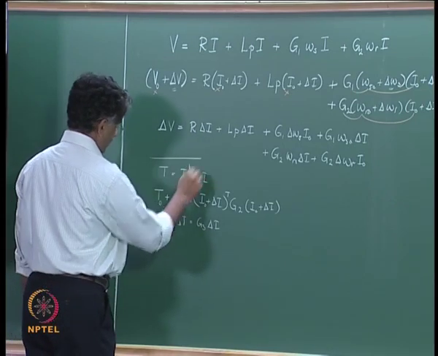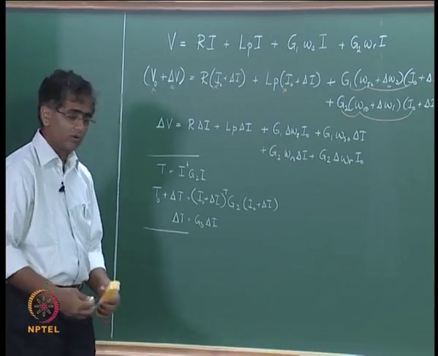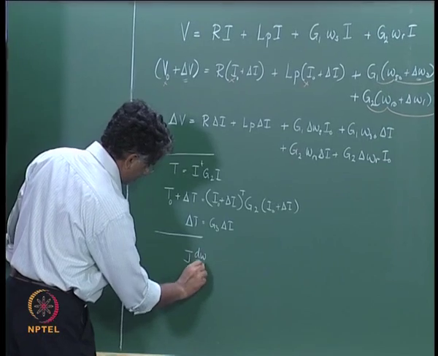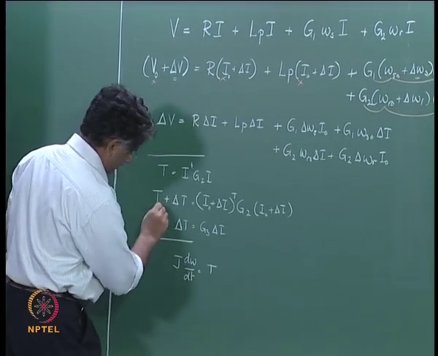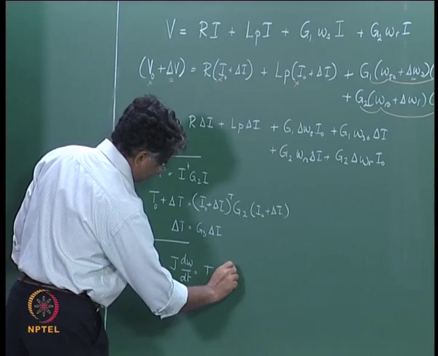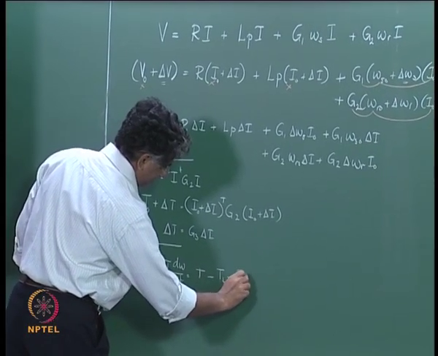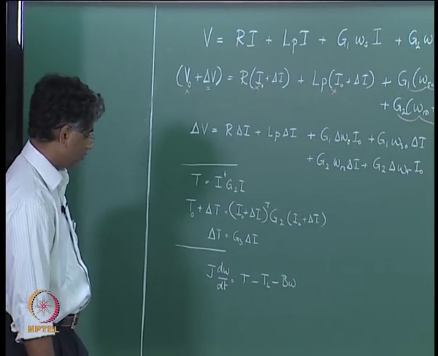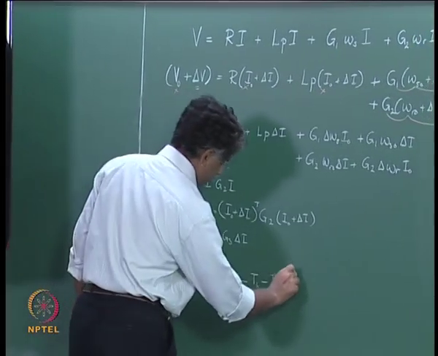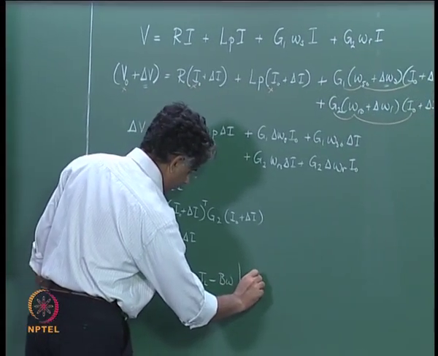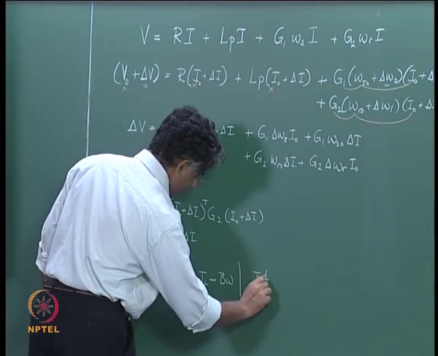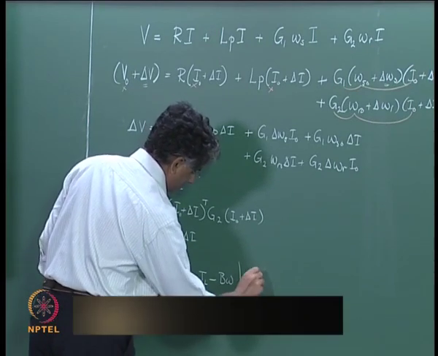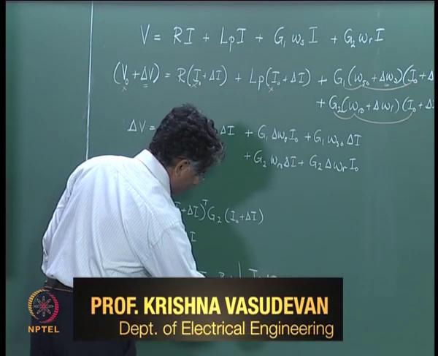This is one part of it, and then if you look at the mechanical equation, you have J d omega by dt equals the developed torque minus the load torque minus, let us say, some fluid friction, that is viscous friction, into omega. Therefore this can be written as J into P of delta omega r.